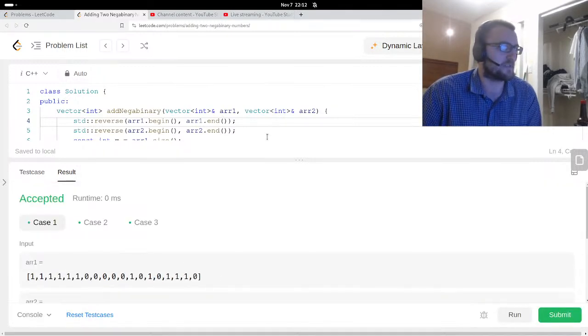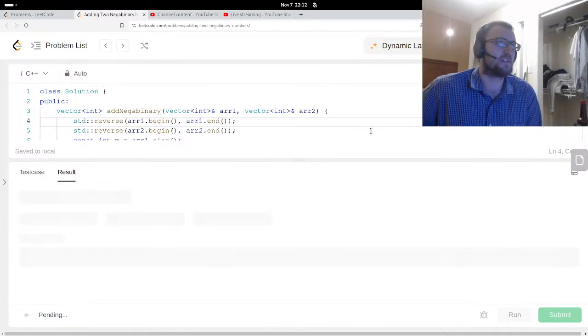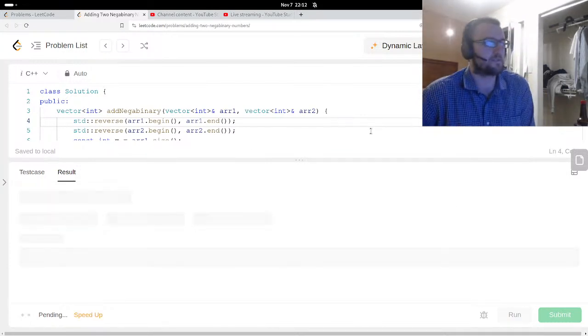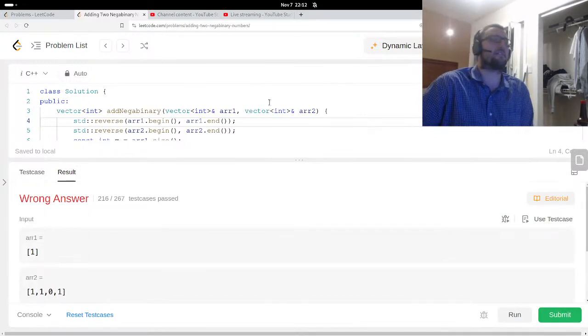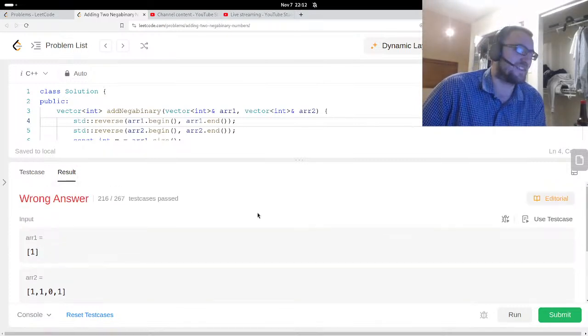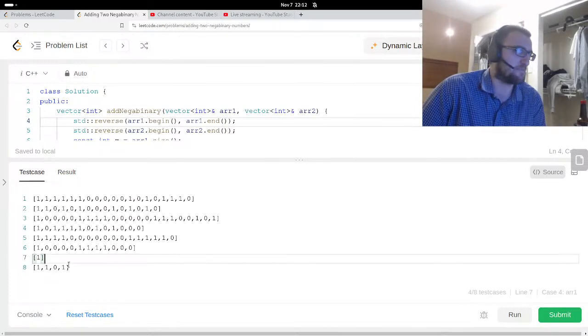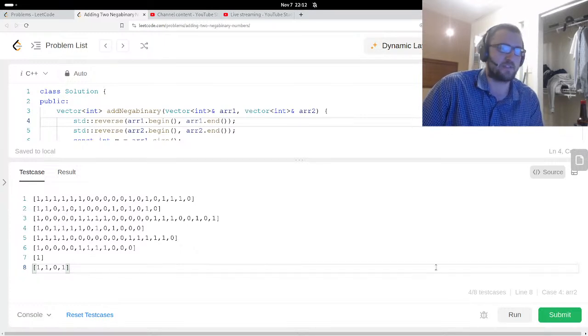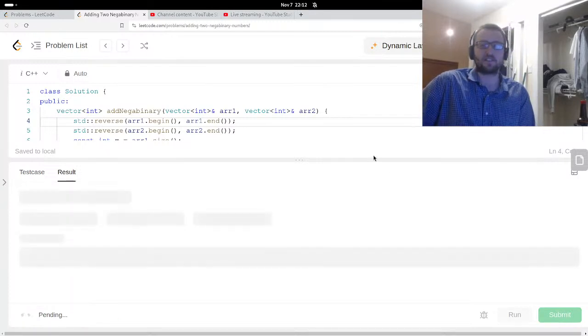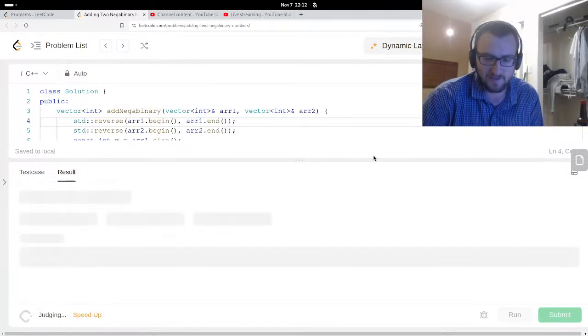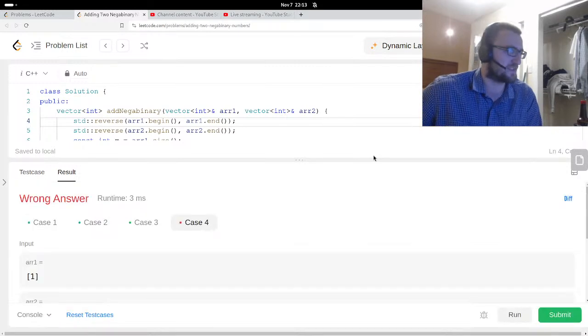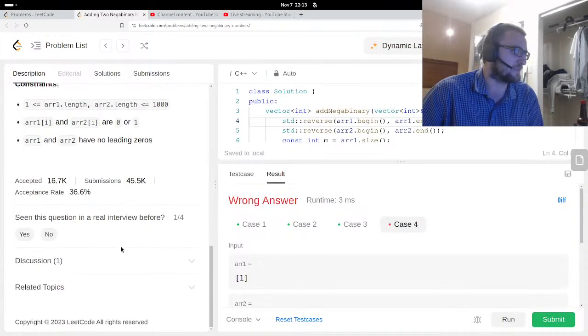Okay, I'm going to go for it. This could be wrong still. I think I got it this time, but I don't know. Oh, still wrong. I see why this question has so many. I should probably randomly generate these test cases. This is not great how I'm doing this. I can see why this particular problem has a very low acceptance rate.